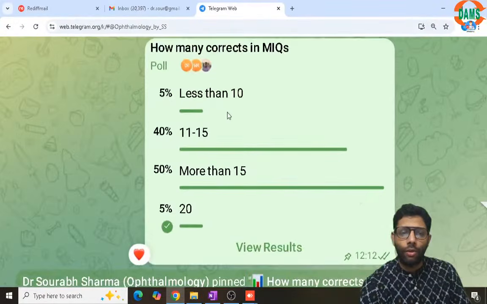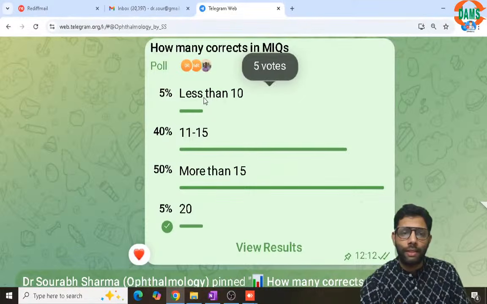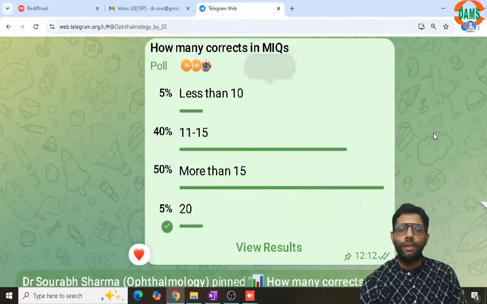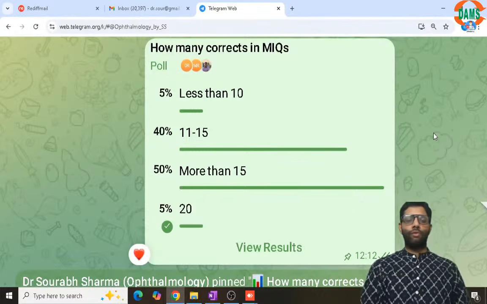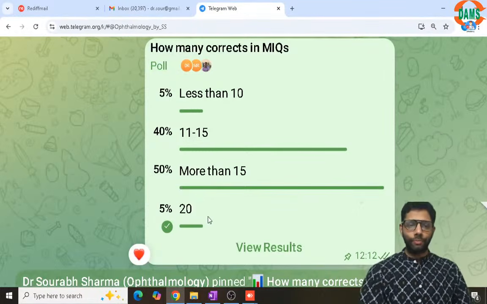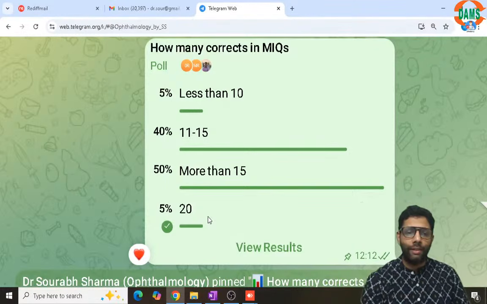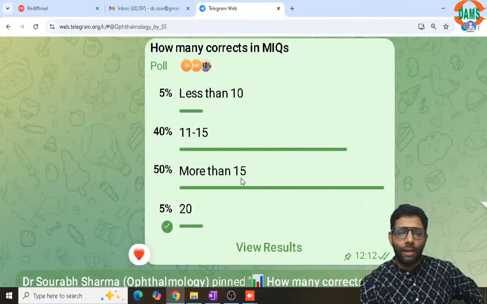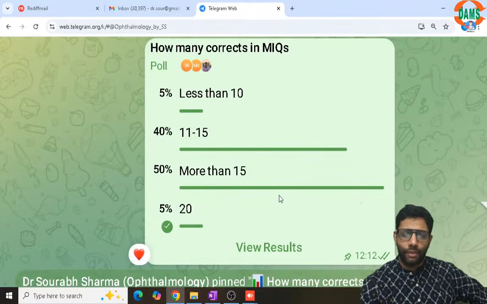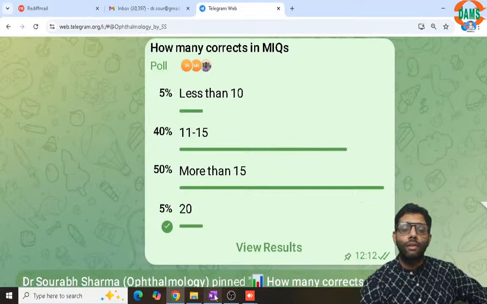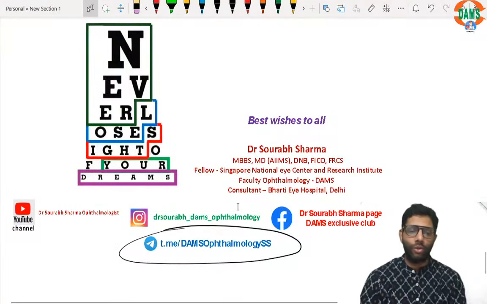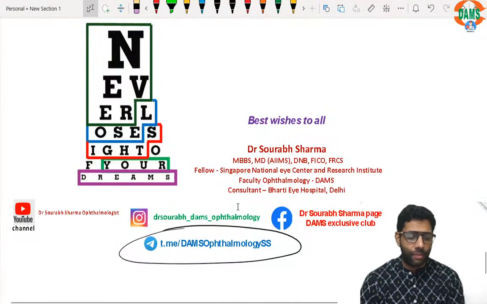So I gave this poll, 5% is less than 10, 40% is 11 to 15, and some have got 20 out of 20. Out of that, one is me because I just clicked on that, and 50% is more than 15. That is a good number. 19 corrects is very good.